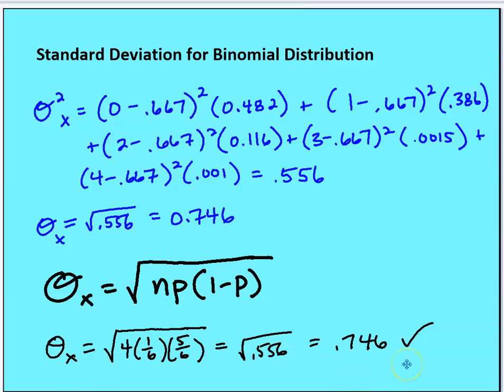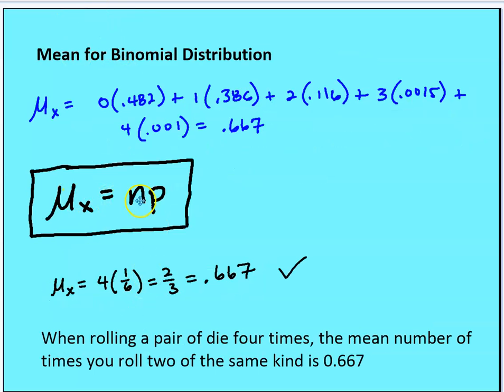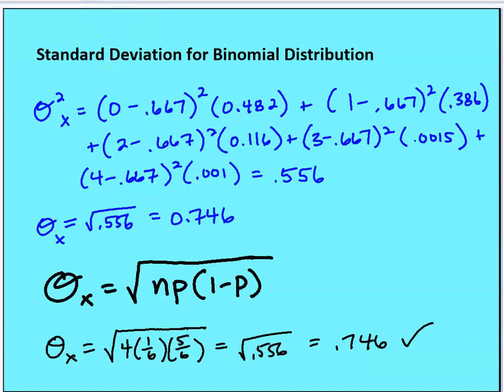Square root of this, standard deviation, is 0.746. All right, so these two formulas are very important. Mean np is equal to number of outcomes times the probability, and then standard deviation is the square root of the number of outcomes times the probability of that outcome times the complement of that outcome.